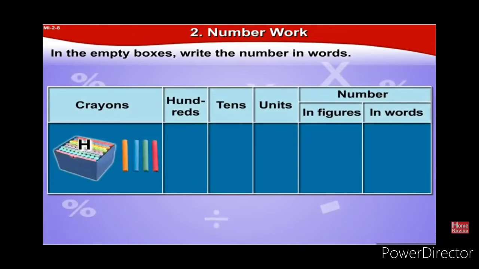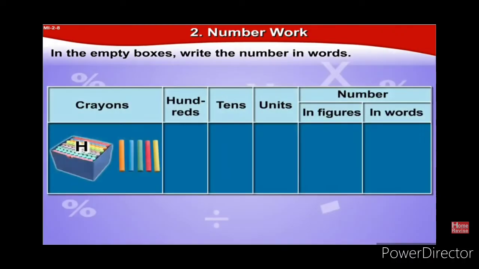Now the next picture has a box of 100 crayons and 4 more crayons, which means it is 1 hundred, 0 tens, 4 units. In figures, it would be 104, and in words, one hundred four.